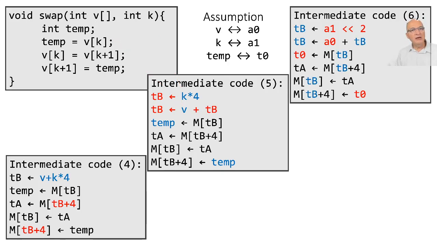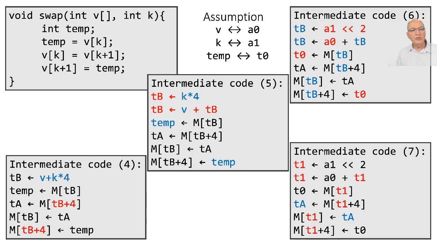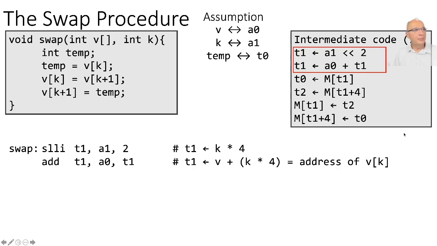So now I have to choose a register for TB, and I chose to use t1 for TB. So everywhere where I had TB, now I have t1. As you can see, we are getting very close to a RISC-V assembly now. So now that I have this intermediate code, it should be fairly trivial for me to write my assembly code for the swap function.